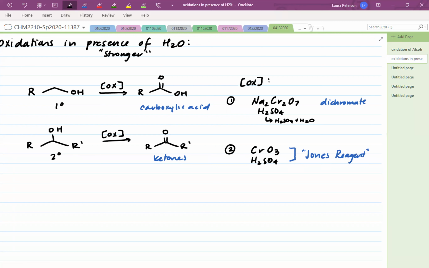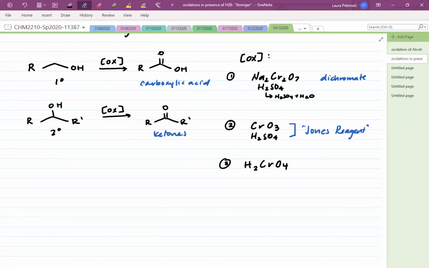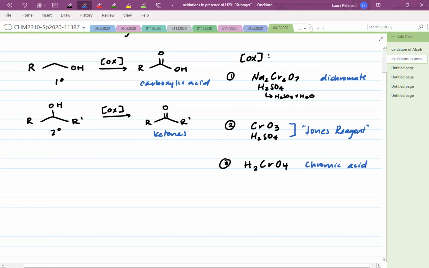Okay, and then the last one has in common what the other two do, and that's that it involves chromium. And so the last one is chromic acid. So H2CrO4, and that's chromic acid. Okay, and chromic acid again is a solution in water. So the water is present there even if we're not explicitly writing that out. When you buy chromic acid, it's a concentrated solution made up in water.